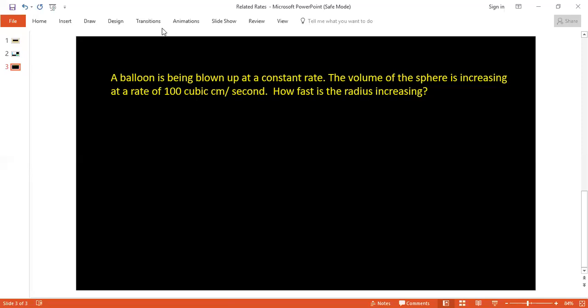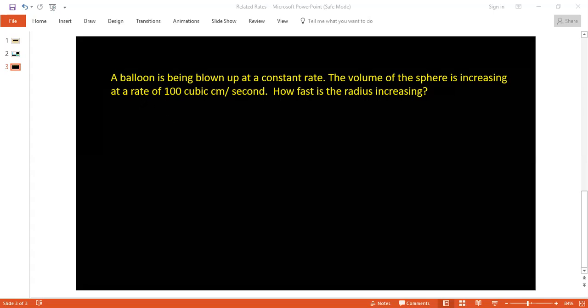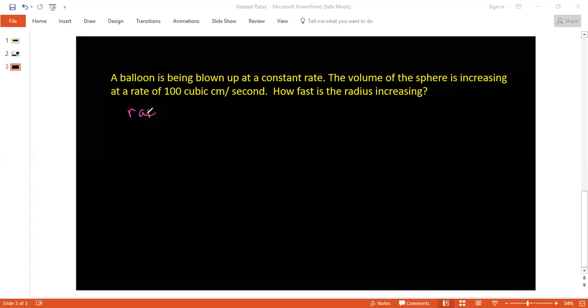So what we have here is a relationship between the volume, or how the rate of the volume increases, and how it's going to be related to how the rate of the radius increases, and they're related.